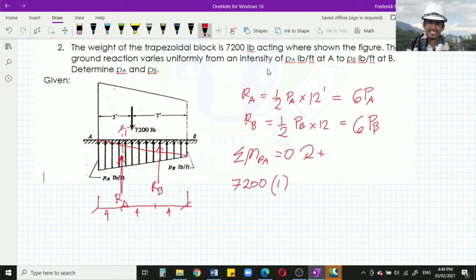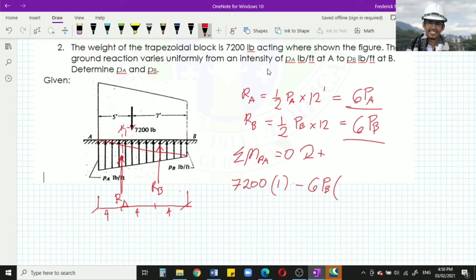So clockwise siya. And then minus yung RB natin. Pwede nating i-rotate moment sa RA. So RB natin is equal to 6 PB. So that will be 6 PB times yung kanyang distance.